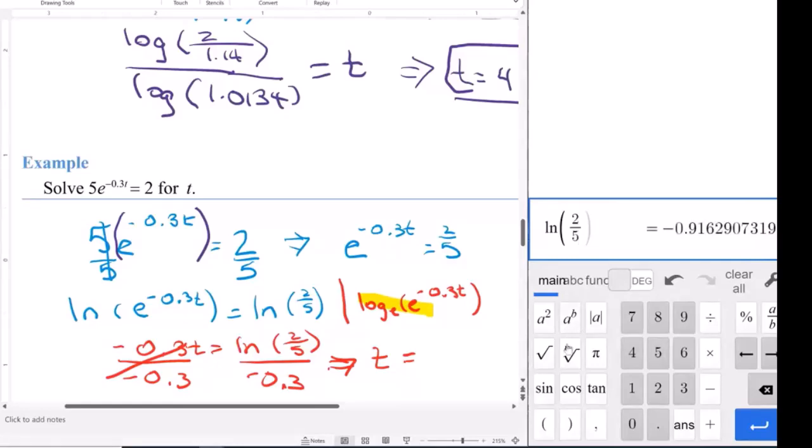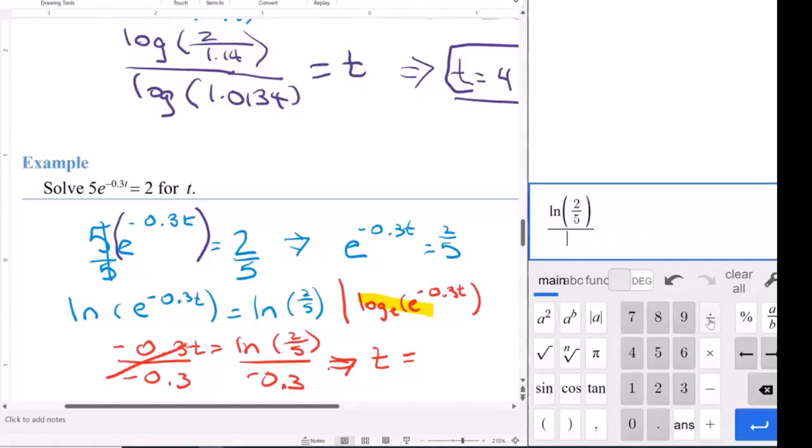That's my numerator. I'm going to take this numerator and I'm going to divide it by negative 0.3. And my answer is t equals 3.05.